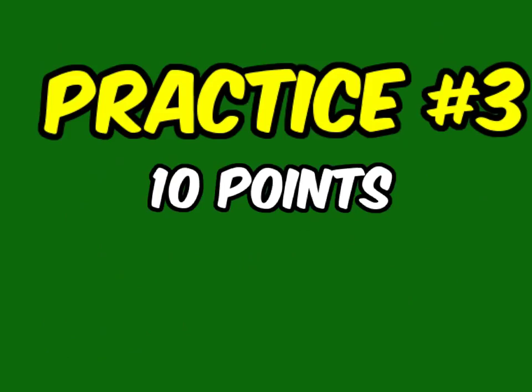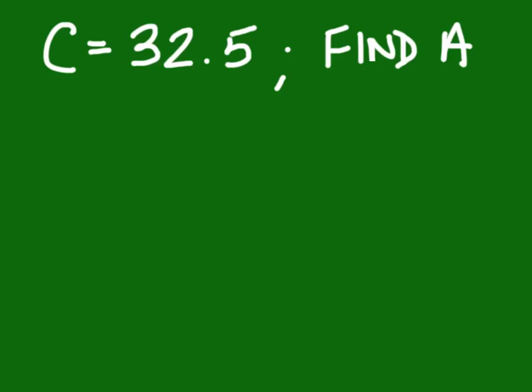Try this one and drop it off. You're starting with circumference, so c equals 2 pi r, and you're given that c is 32.5, so you plug that in and set it equal to 2 pi r.